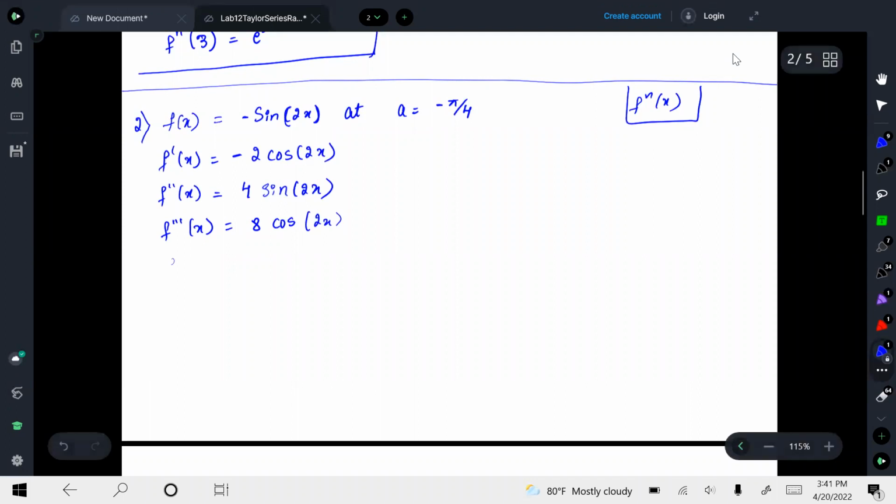And if you do that further, I will write it as the fourth derivative of x. You get negative 16 sine of 2x.